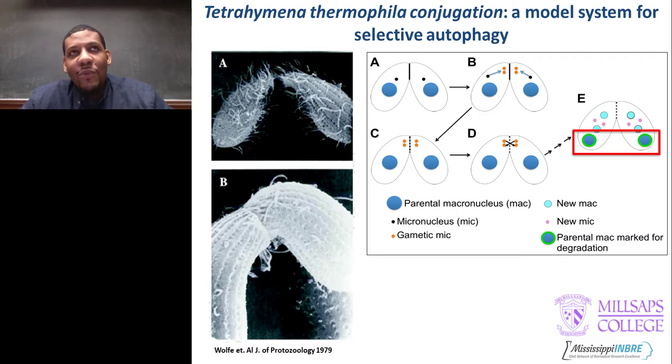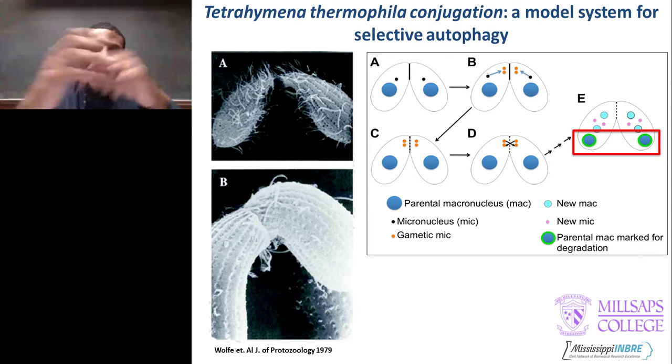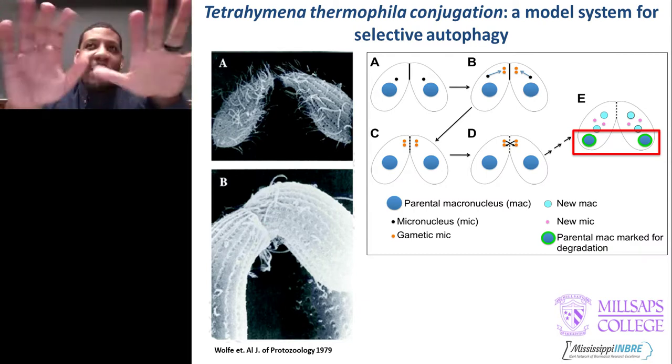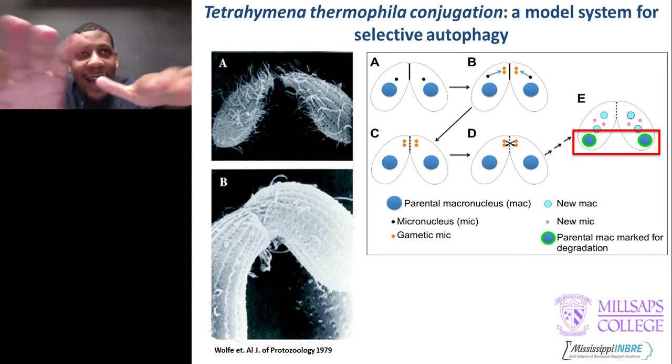And the reason Tetrahymena is a really good model for this problem is because the micronuclei, right, those little nuclei that are exchanged during Tetrahymena mating, remember, are only gametic nuclei. They are transcriptionally inactive.